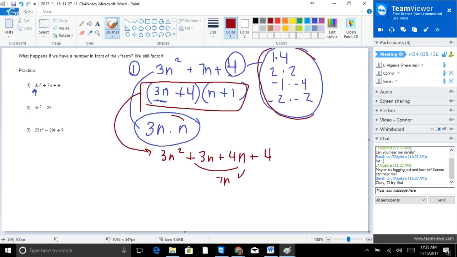Factoring is, like I said, math, but it's a little bit of an art of figuring out which numbers work together. I guess more of a math puzzle. I won't call it quite art, but it's a math puzzle of figuring out what works. It's not a step-by-step process.